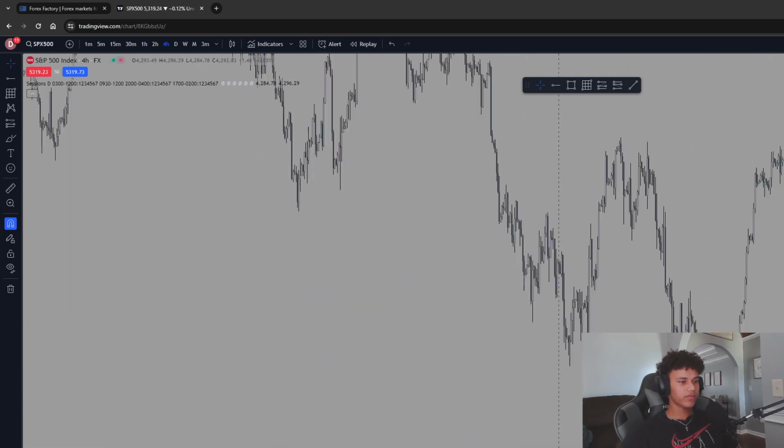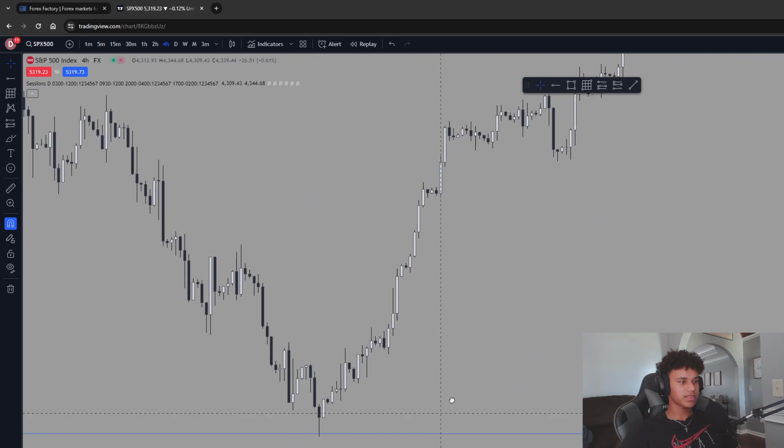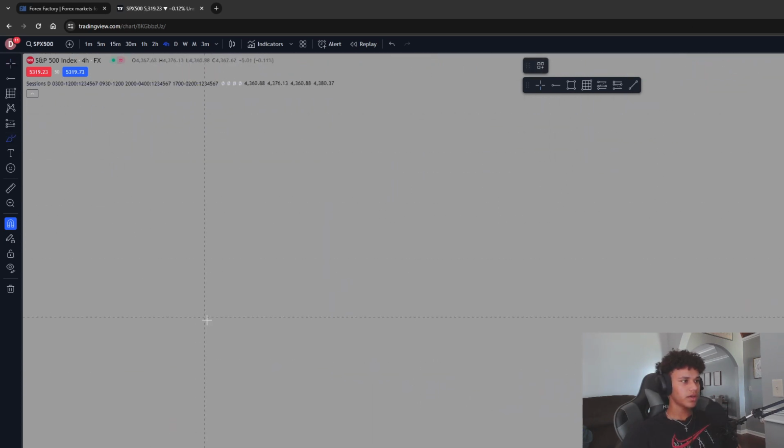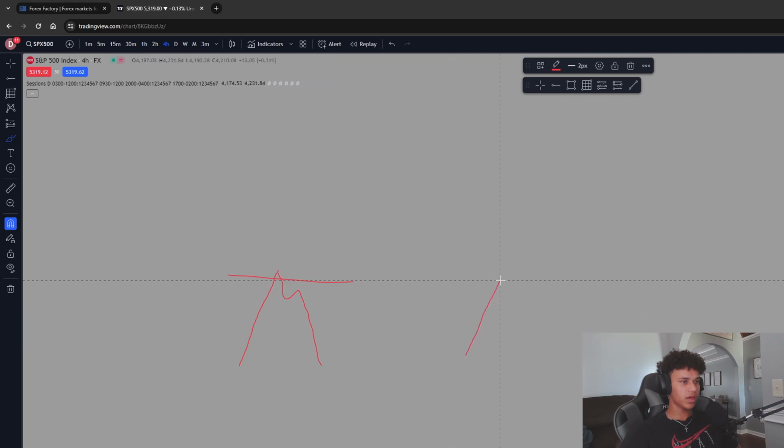So after the liquidity sweep, the next step is break of structure. Let's say there's a liquidity sweep right here. It goes up, makes a new high, and comes back down. An uptrend is a higher high, higher low, higher high, higher low.